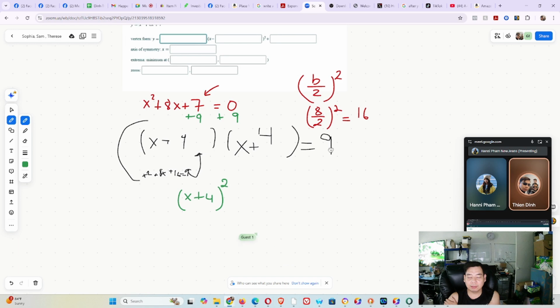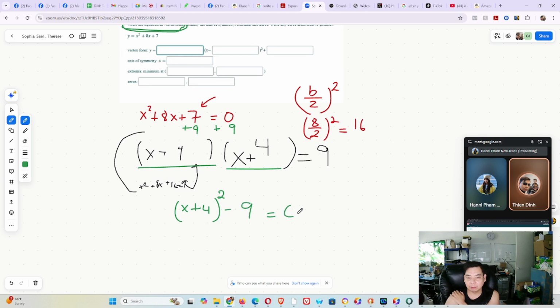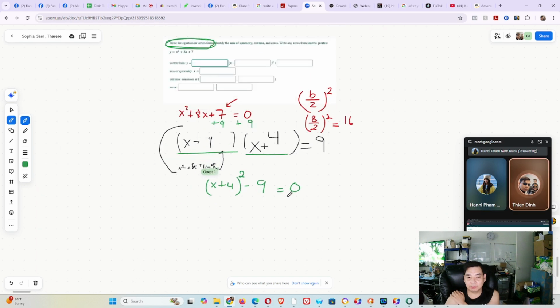And I'm gonna bring the 9 over here: minus 9 equals 0. But instead of equals 0, let's just write it in vertex form like this: x plus 4 squared minus 9. That's vertex form right there.